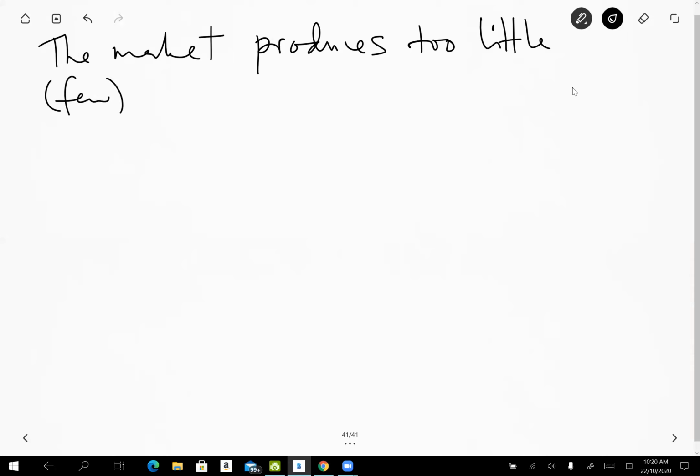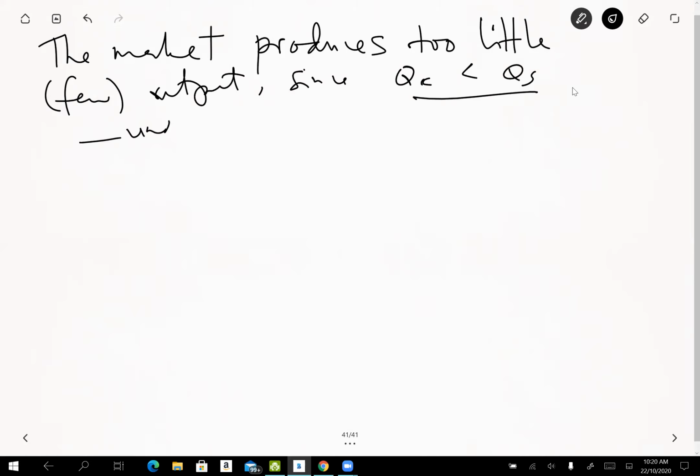Since we know QC is less than QS, the market will underproduce that good. For example, vaccination. Normally the cost is very high. So if you let the market produce without considering the external benefit, then the market will underproduce that good. Okay, so that is the idea.